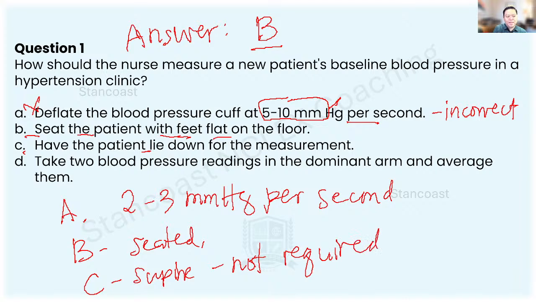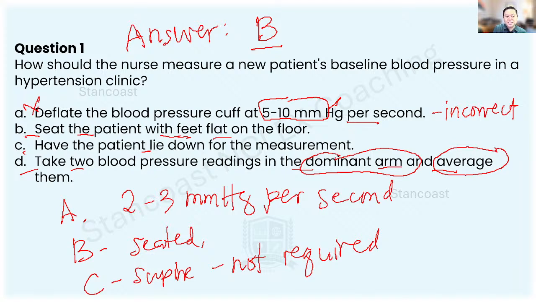What about letter D? Take 2 blood pressure readings in the dominant arm and average them. What makes this option wrong is that you're not supposed to average. No way, Jose. Okay. And also, reading on the dominant arm, no. We're supposed to be checking the blood pressure in both arms. Okay.